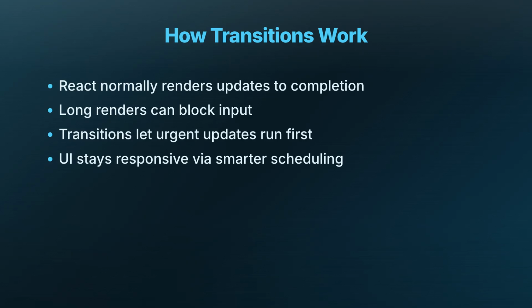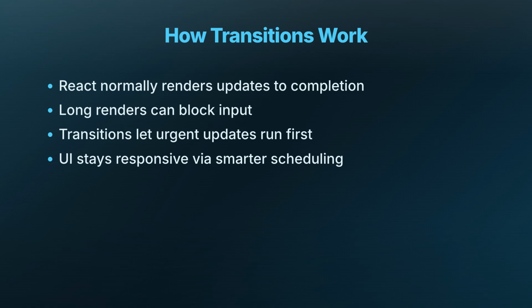So what actually happens when we use a transition? Normally, when React starts rendering an update, it continues that work until the render is finished. If that rendering takes a long time, the interface can feel blocked, because the browser can't handle other interactions until React completes that work. With transitions, React can treat some updates as lower priority.